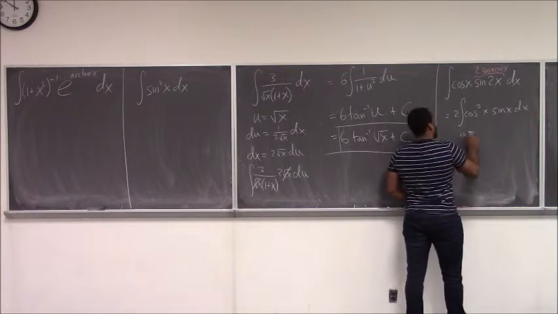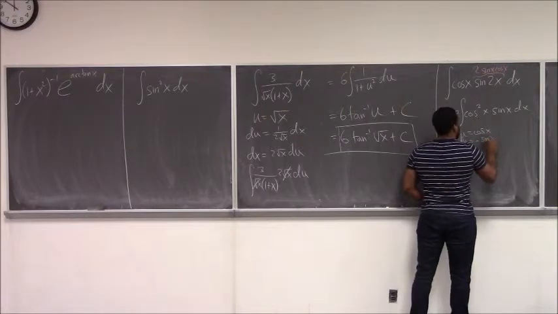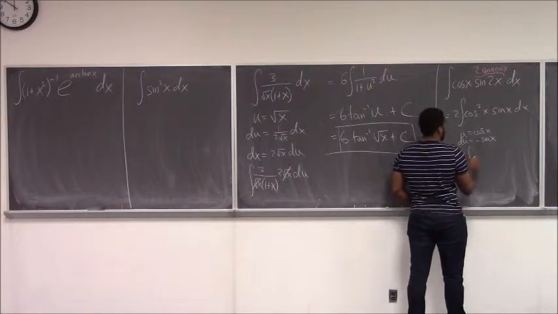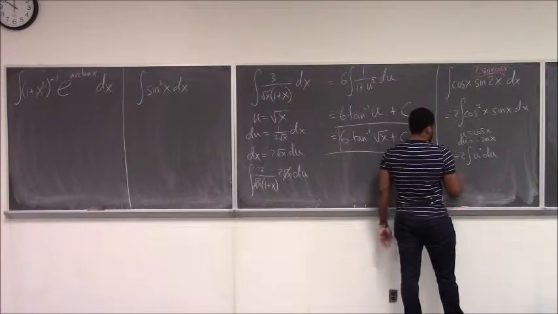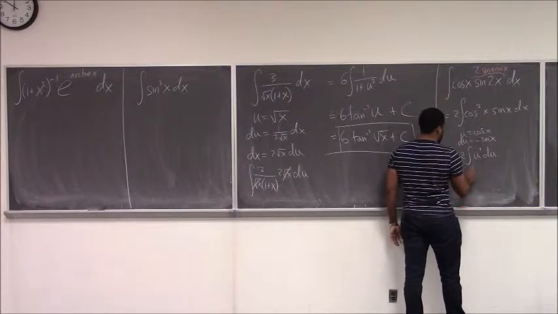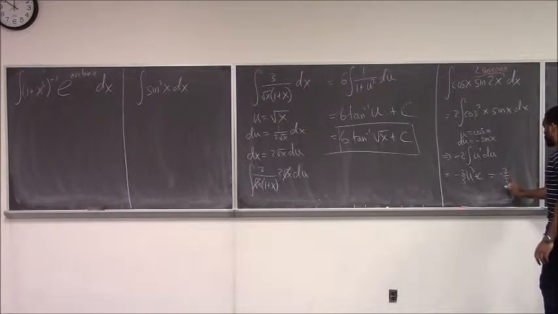So u would be the cosine, du would be the minus sine, and this guy would become minus 2 times the integral of u squared. So you get minus 2/3 u cubed, or minus 2/3 cosine cubed.